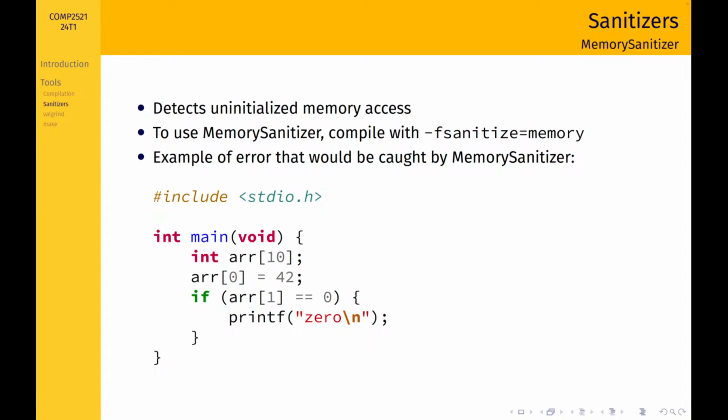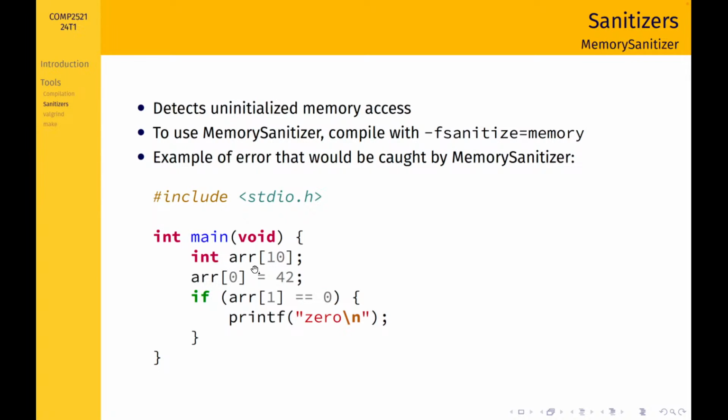We also are going to be using memory sanitizer. Memory sanitizer detects uninitialized memory access. So not invalid memory access, but accessing memory which is uninitialized. Here's an example of an error that would be caught by memory sanitizer.